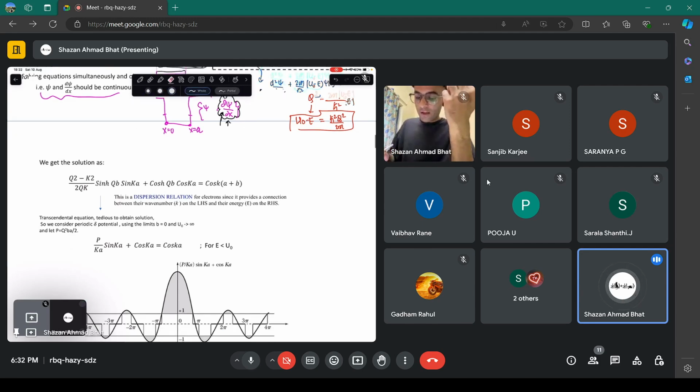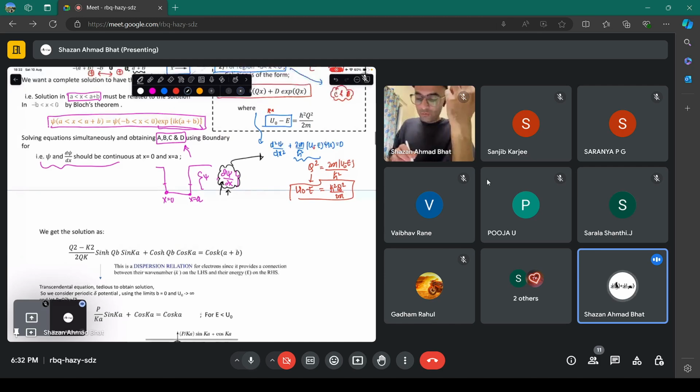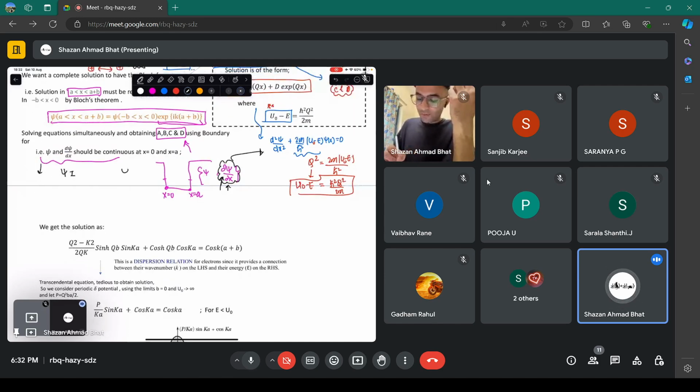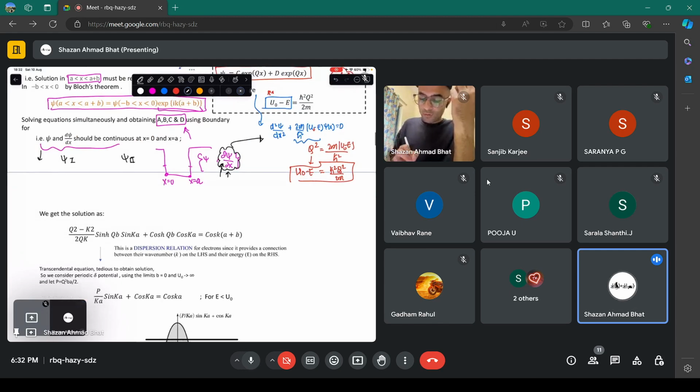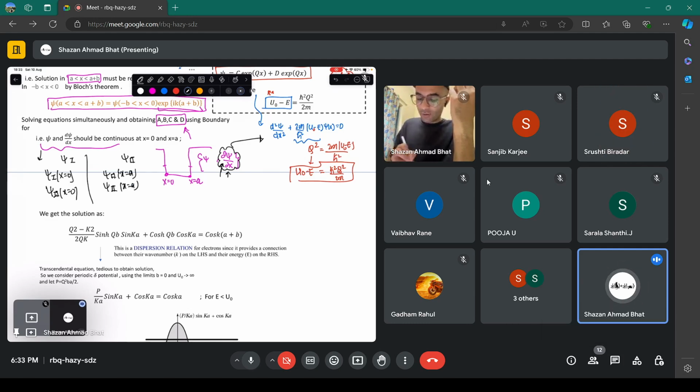Okay, now when you have those boundary conditions, you have psi in region 1 and psi in region 2. You find psi in region 1 at x equals 0, and psi in region 2 at x equals 0, and then psi in region 1 and psi in region 2 at x equals a, or whatever coordinates you have taken.